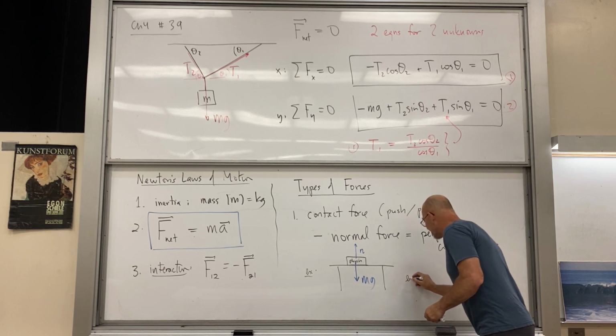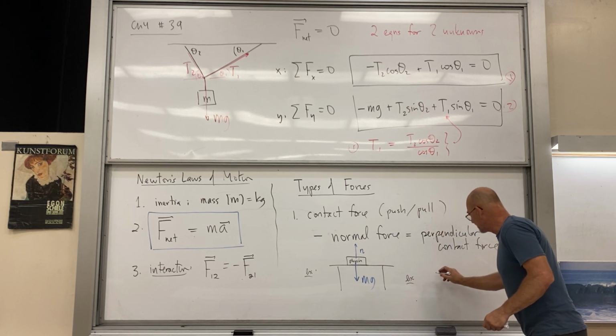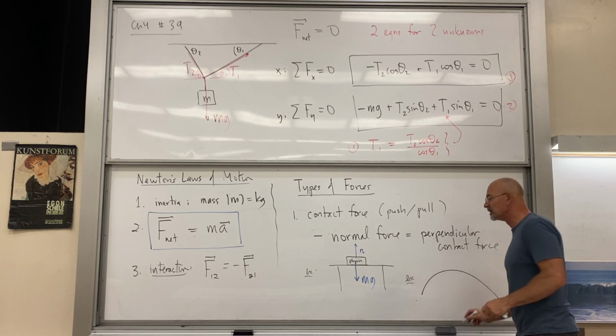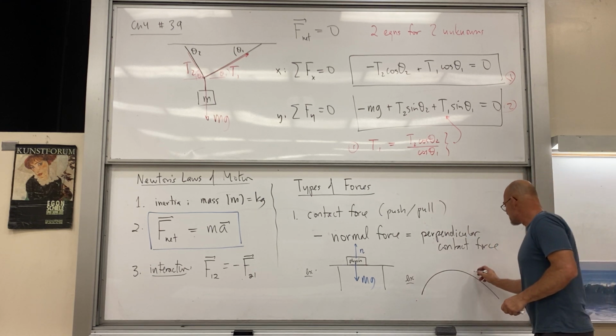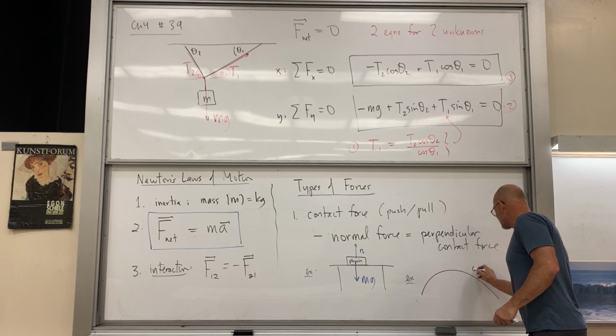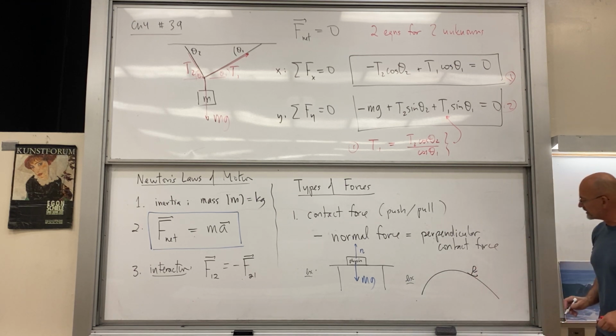So that plays a role, because another example would be a hill. Say somebody's on a hill. Dare I draw a skier on a hill? I'll regret this. Okay, there's a skier on a hill. So what's the force on the skier?